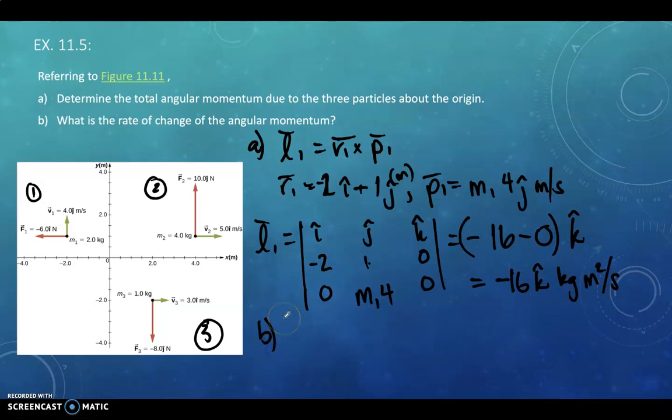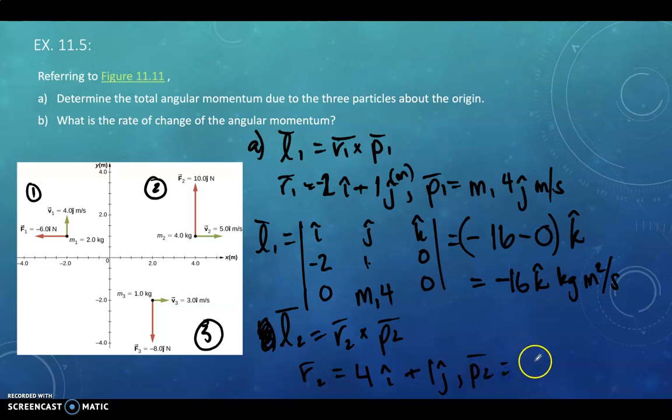So we'll have to do that for each of the other ones. This is still part A. So L2 is going to be R2 cross P2. R2 is equal to 4 i hat, plus 1 j hat.